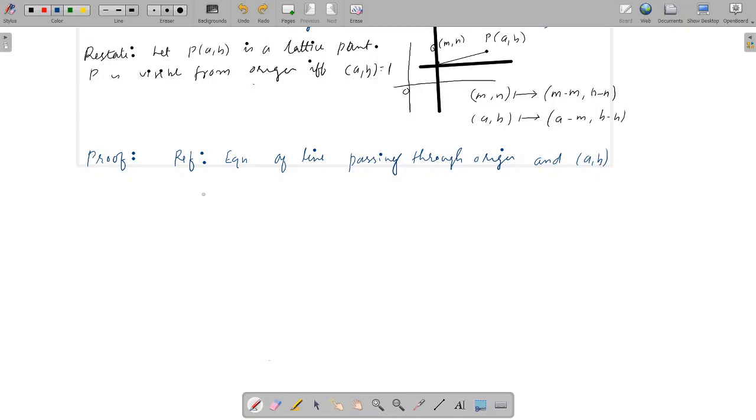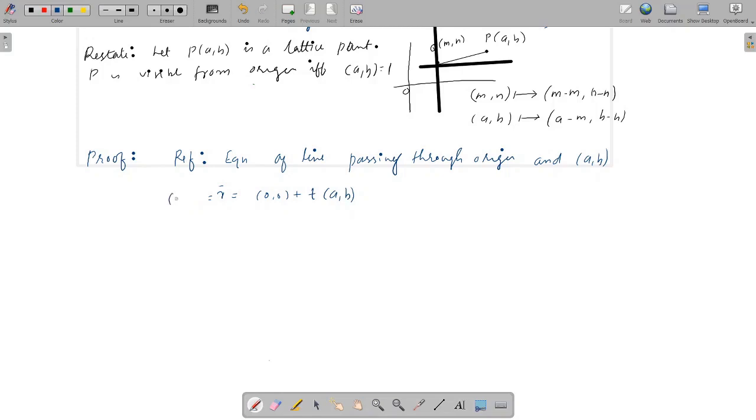That is always r equal to (0, 0) plus t times (a, b). So this is the equation of the line.